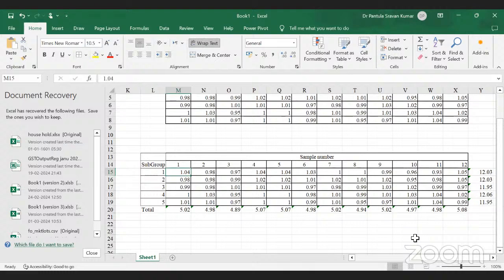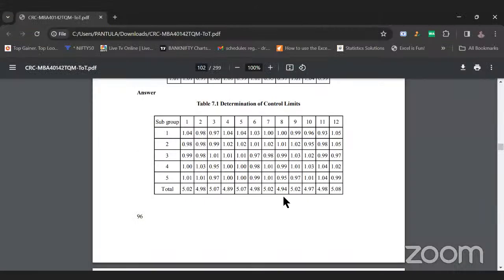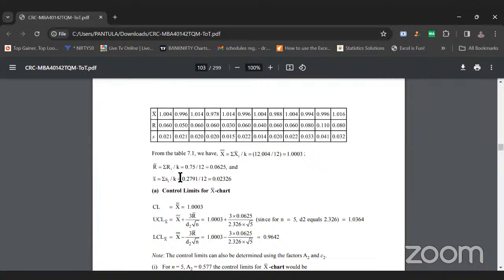Now I'm going to go back here. Hope you can see our material, right? So here, now you are getting 12.04 divided by 3, that is equal to 0.003. That is mean one. Similarly, the second value 0.06, like that we are going to get. And R bar.